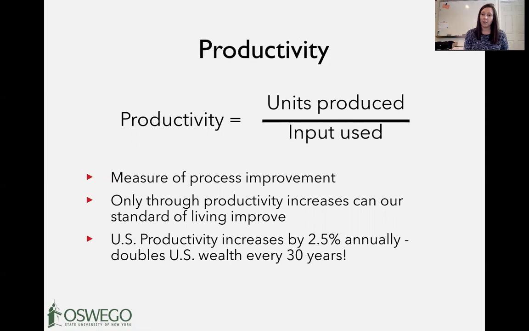On average, the United States increases productivity by about 2.5% annually, and that'll vary depending on the sector that you're in. But what that boils down to is that if we continue at improving productivity across industries at about 2.5% annually, we're going to be able to double the wealth of the United States about every 30 years.